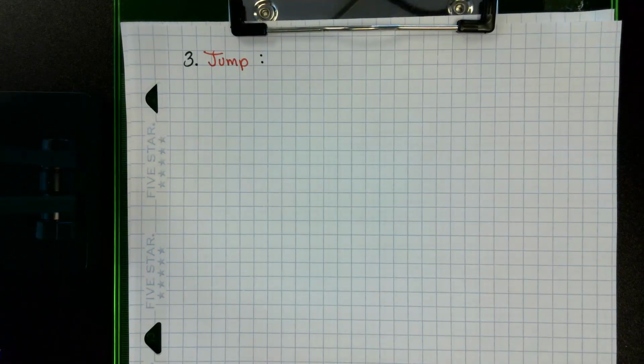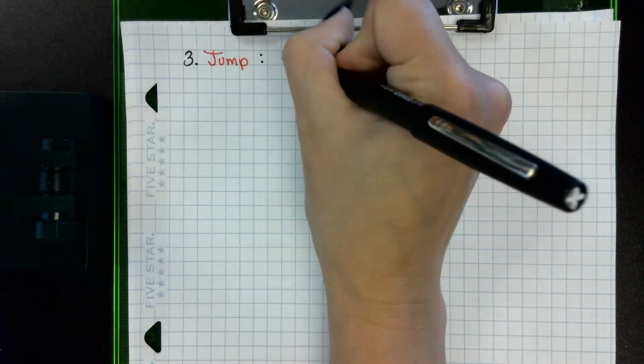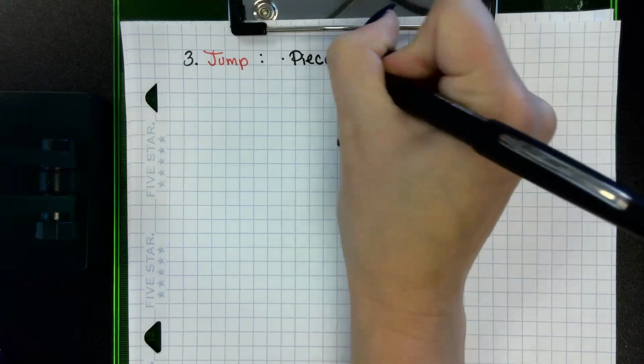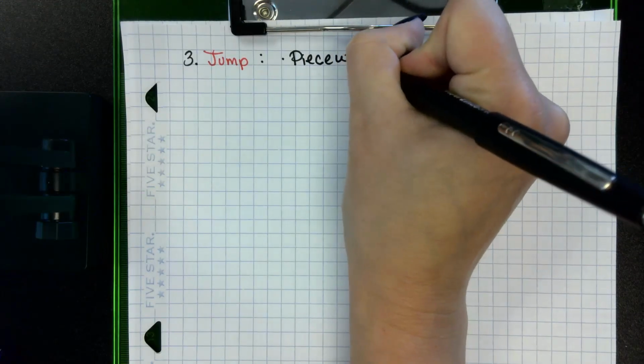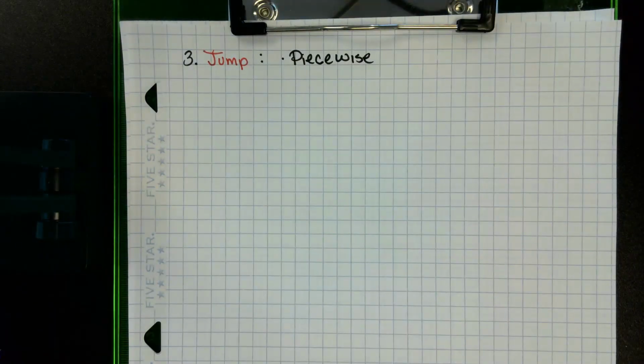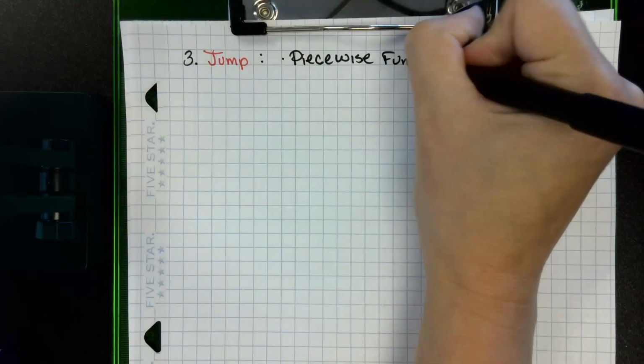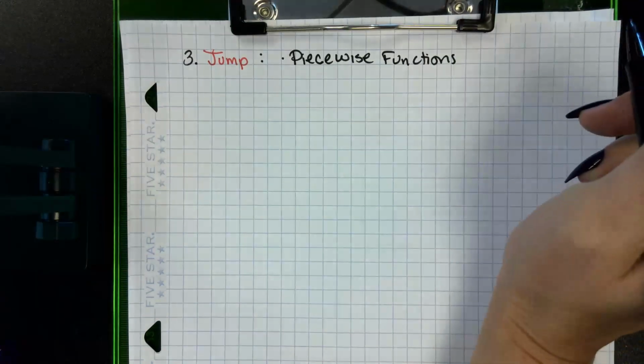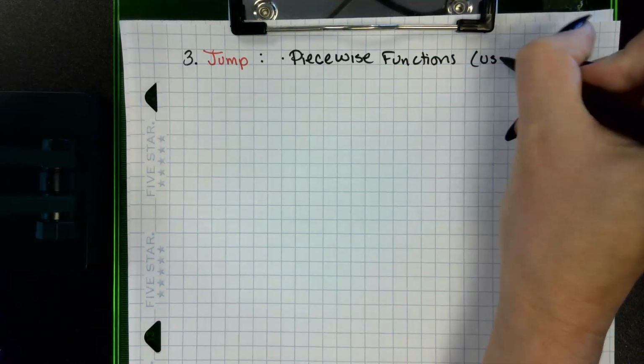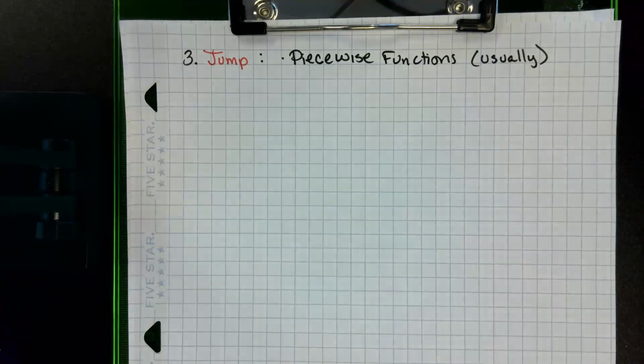You might have a jump discontinuity whenever you're dealing with a piecewise function. There's also a step function, but in general we can say piecewise.